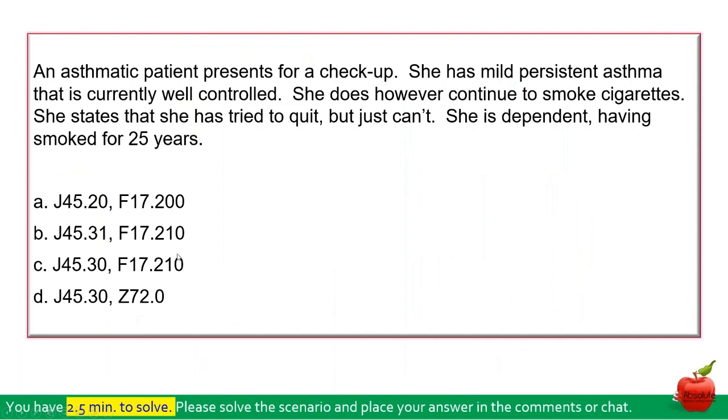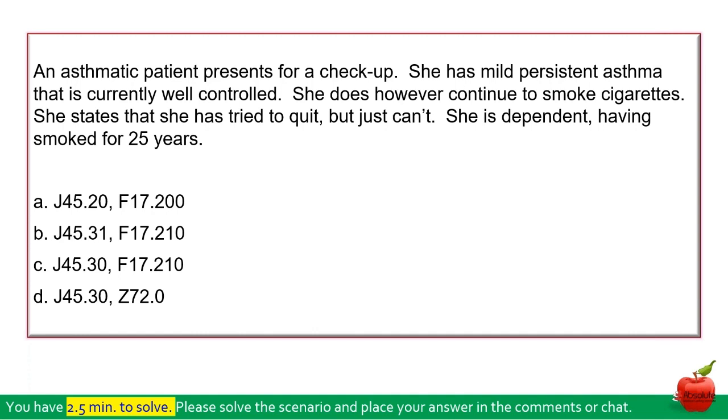All right, so let's move along to our next one. We have A, J45.20, F17.200, B, J45.31, F17.210, C, J45.30, F17.210, and finally D, J45.30, followed by Z72.0.